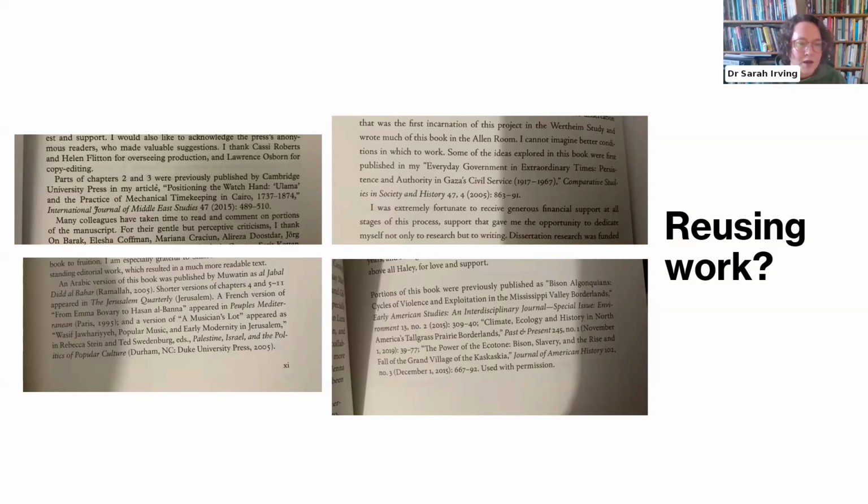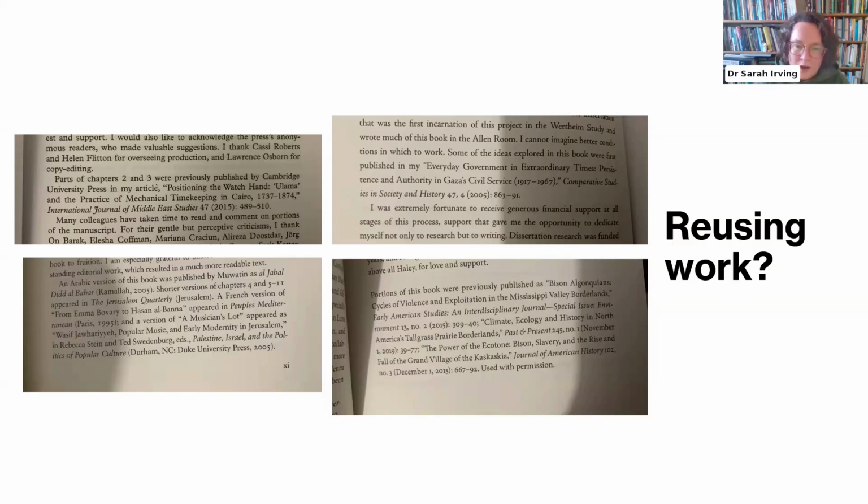This is from Salim Tamari, the Palestinian social historian, classic volume, Mountain Against the Sea. And as you can see, a number of these were articles or versions of articles, sometimes published in English, one published in French, one in Arabic, and then translated to English for the book.